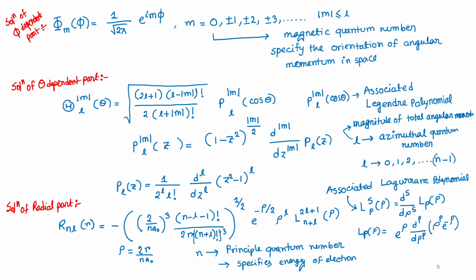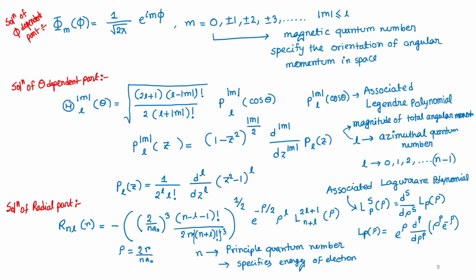That arises due to a different thing, a relativistic treatment. From there you can get the spin part, and S can be only half. Spin is half, and the spin quantum number ms is plus half and minus half.